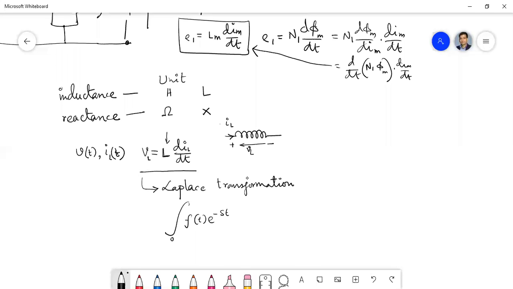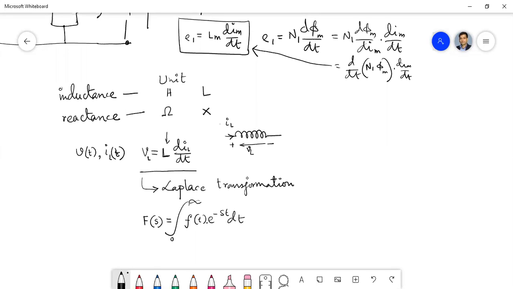Yes. Sir, is it the one that is used to convert a real variable to a complex variable?